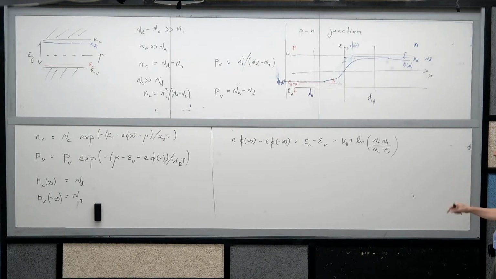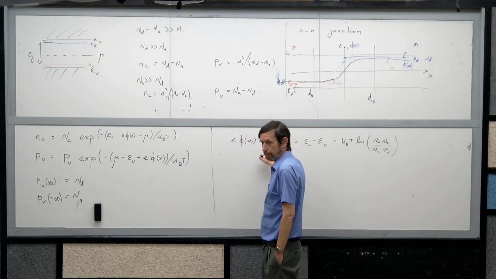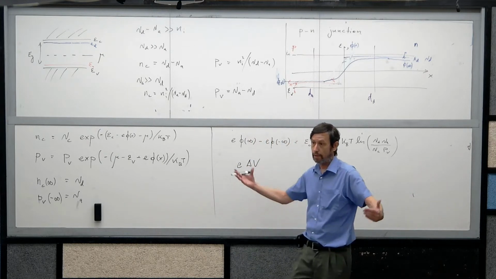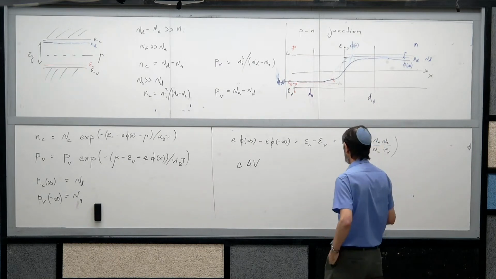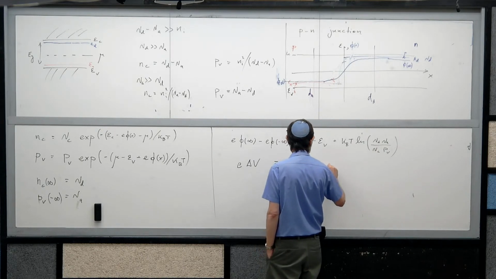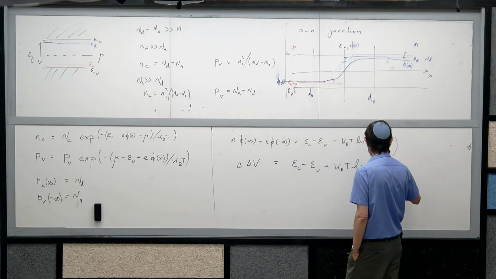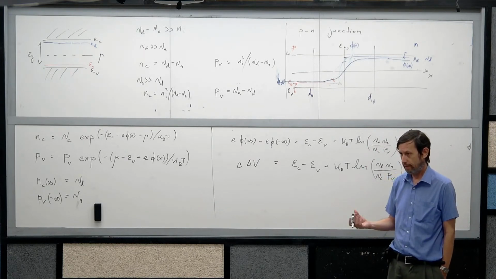We know a connection between the difference in potential, because this is basically the potential difference between the two edges, and all the parameters of the system: E_C, E_V, and numbers of donors and acceptors, and the intrinsic N_C and P_V, which are results for clean semiconductors.